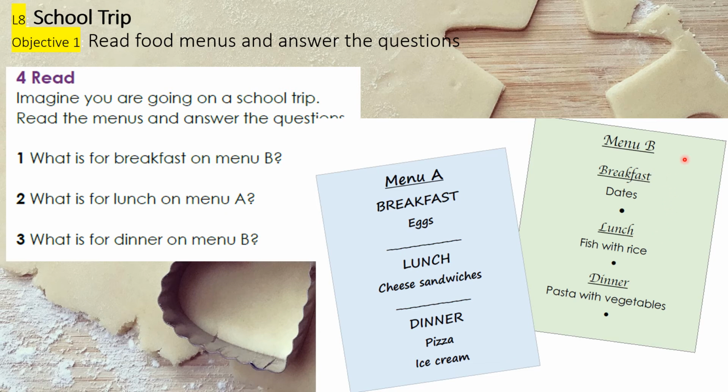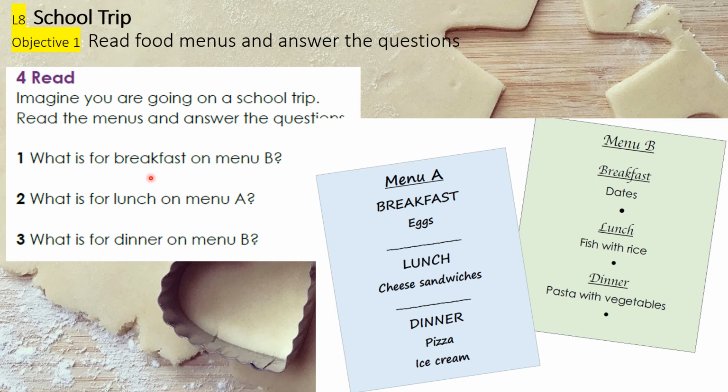For menu B, we have dates for breakfast, fish with rice for lunch, and pasta with vegetables for dinner. Now, after reading the menus, let's answer these questions.